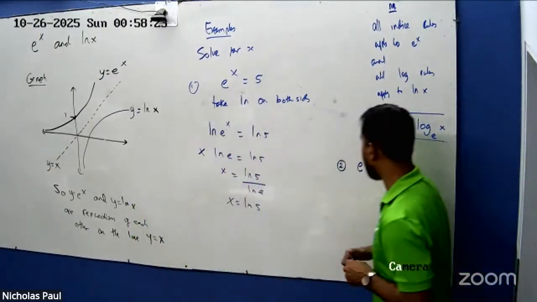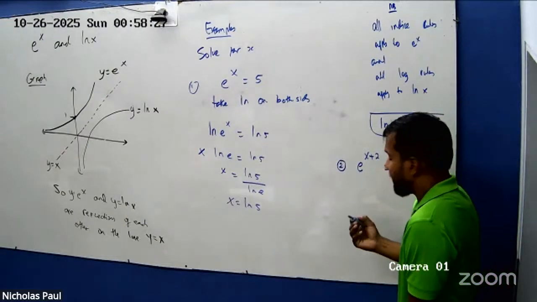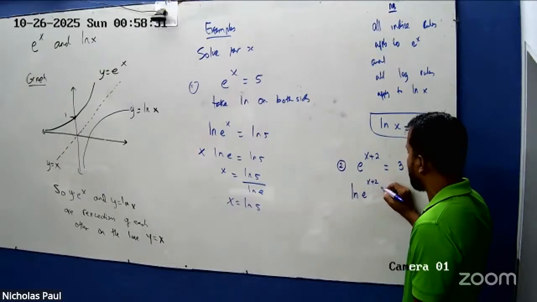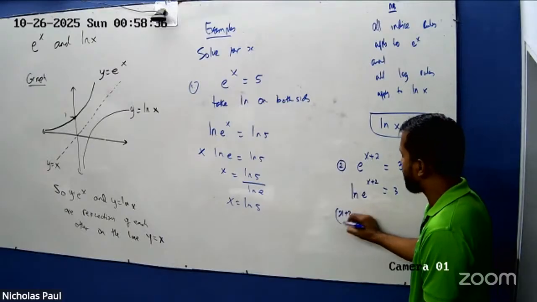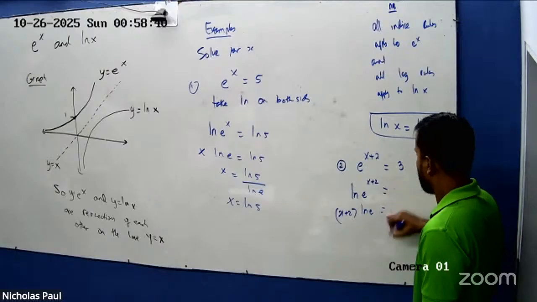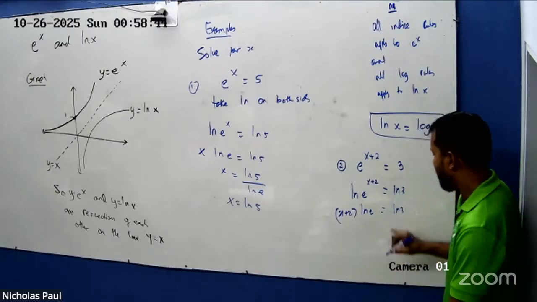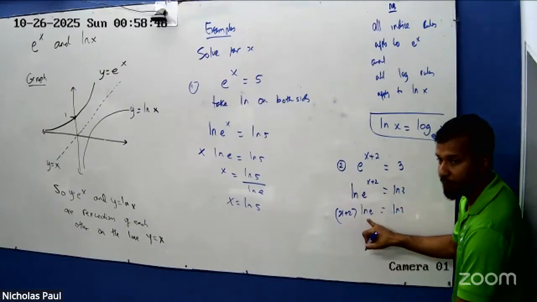Right? How it went? ln on both sides. Same thing, ln on both sides. So you'll get ln e to the x plus 2 is 3. Bring x plus 2 in front. Take ln on both sides, bring x plus 2 in front. ln e is what? 1.